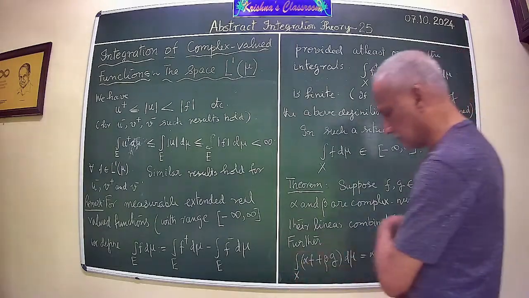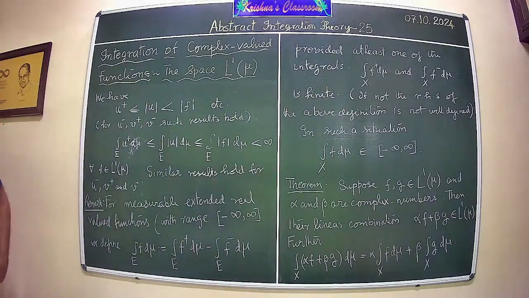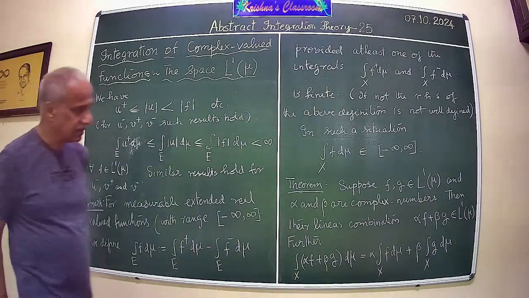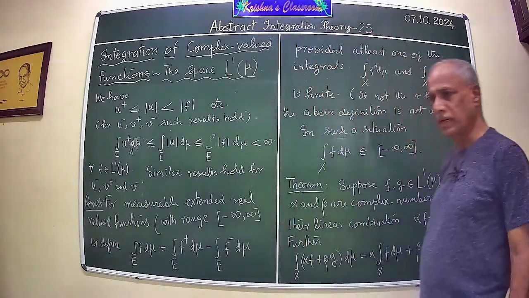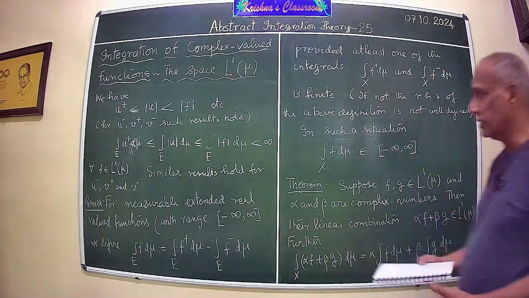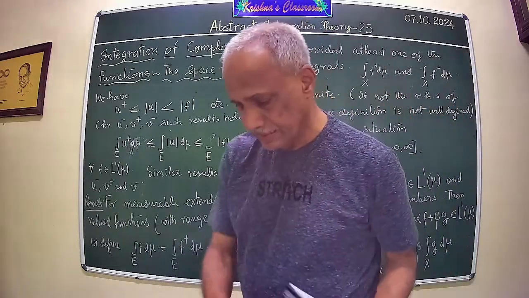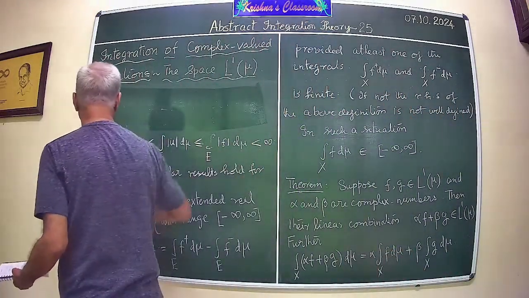So this is okay. What happens is that the integration process is a linear action. That's what it says. Or in other words, we are asserting that L1 is a linear space.